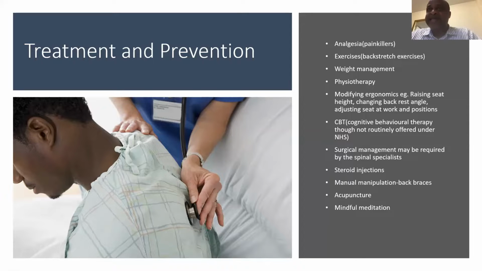But like I said, that will be determined mainly by the spinal surgeon. Then we've got steroid injections. Again, that will be done by the bone doctors, and that's also available, but it is not the initial pathway. That will be after the analgesia has been done, the exercise has been done, physiotherapy has operated, ergonomics has been tried, weight management, then that will also come in.